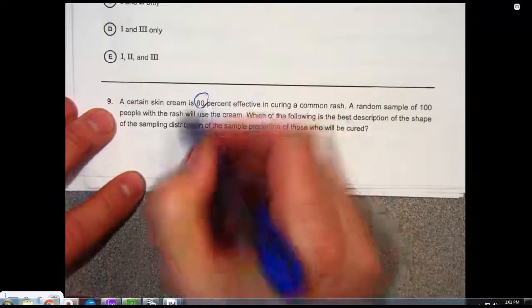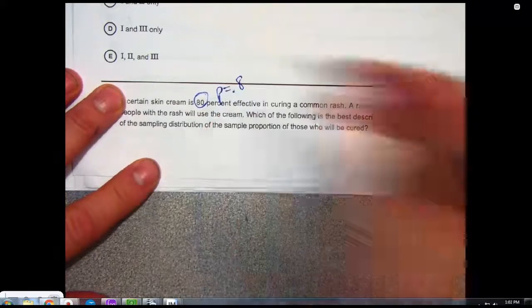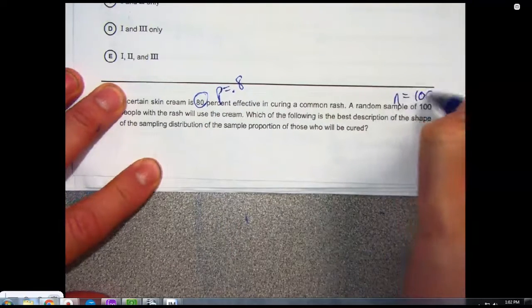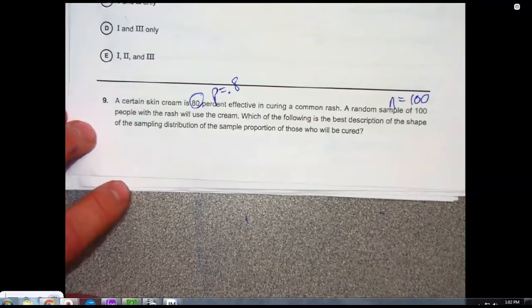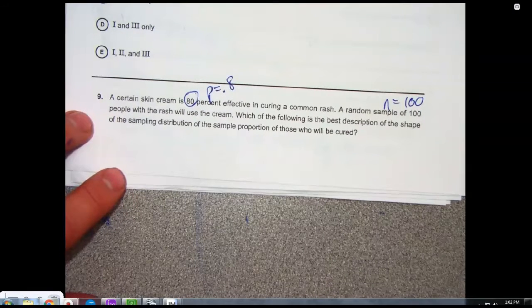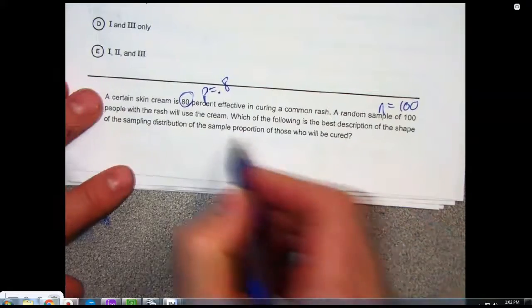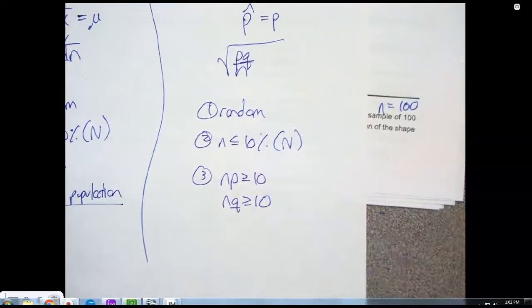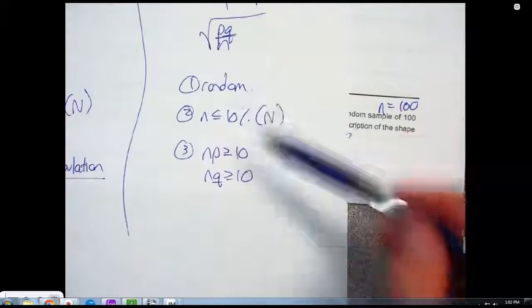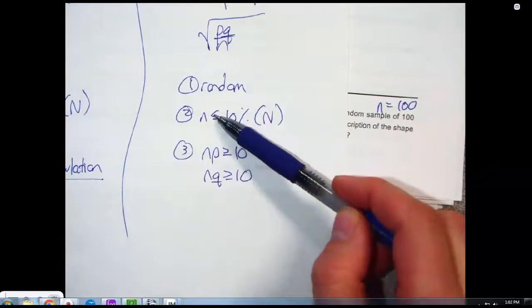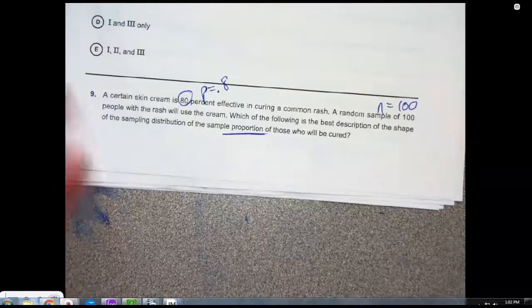Number 9 here. 80% effective tells me p equals 0.8, random sample of 100. Which is the best description of the shape of the sampling distribution? This is proportions, so I'm looking for these conditions. It tells me it was random, so that one's good. I need to make sure I'm taking less than 10% of the population.